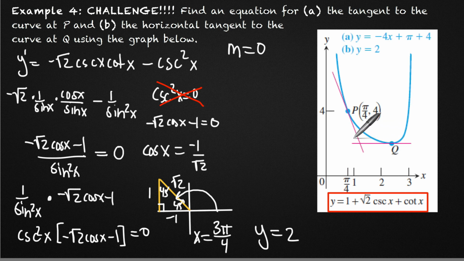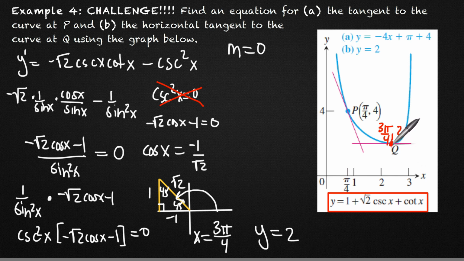Now, from this point, we need to write the equation of this horizontal line. Well, you've got your answer. y equals 2. Because if the point on this curve is 3 pi over 4, comma 2, and we know it's 3 pi over 4 because pi, if we round it to be 3, 3 times 3 is 9 divided by 4 is 2.25, so that is the right solution.